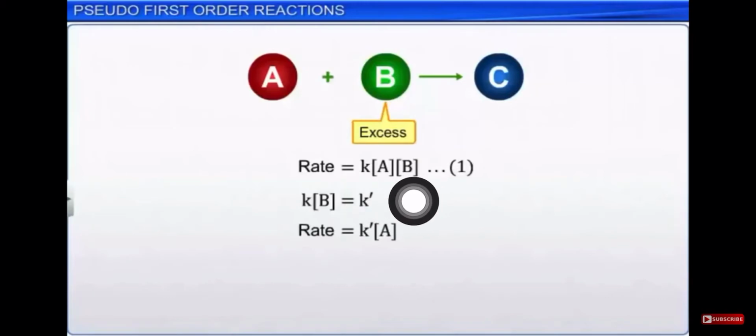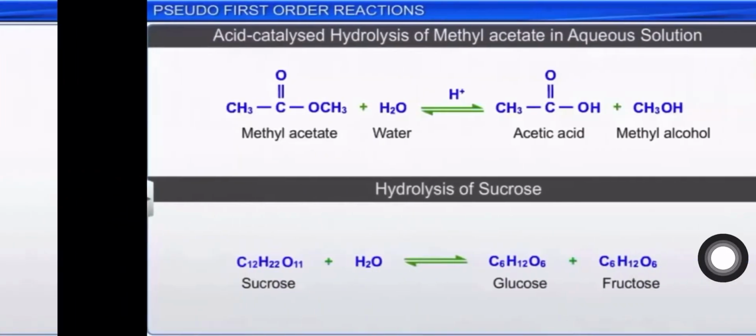Even after using it more and more, it is still present in excess amount, so we take it as constant. So k and the concentration of B together equal k dash, one more constant we have created. So our rate is equal to k dash A, where the concentration of A is definitely changing.